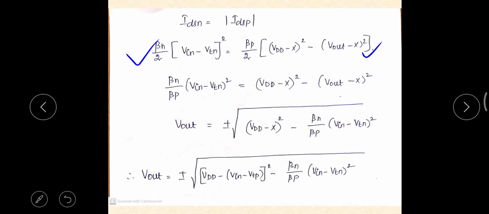Then finally I am obtaining Vout is equal to plus or minus square root of VDD minus Vin plus VTP the whole square minus beta n divided by beta p into Vn minus Vtn the whole square. This is the expression for your CMOS inverter output voltage for the region B.